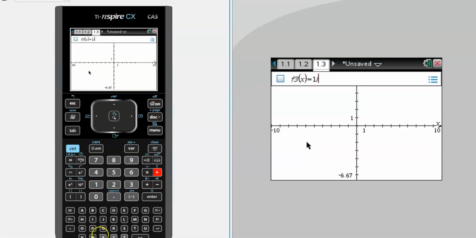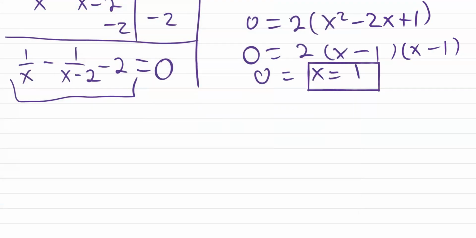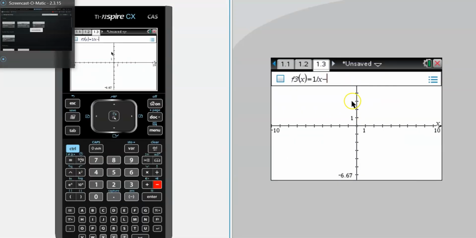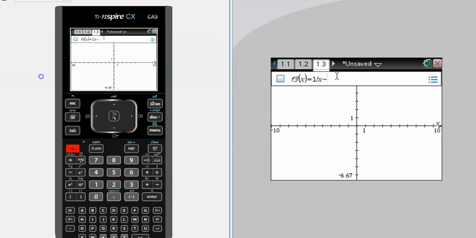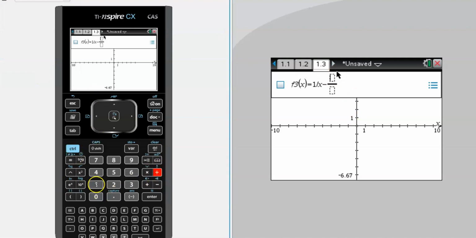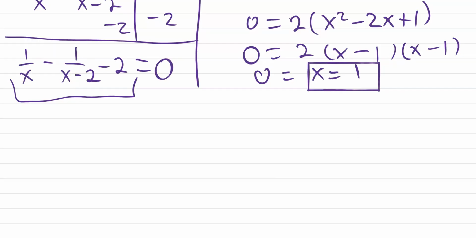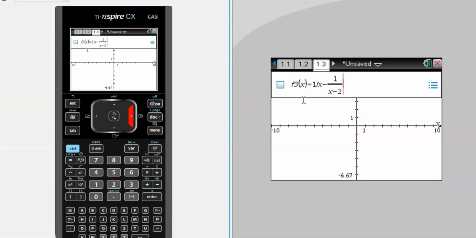One over x minus, if I'm doing this right, 1 over x minus 2. And then we have minus 2 at the end.